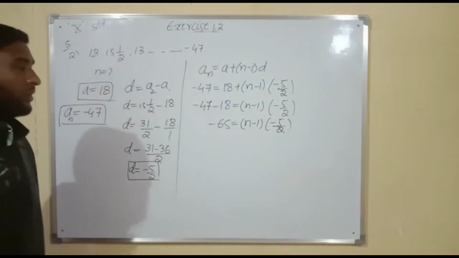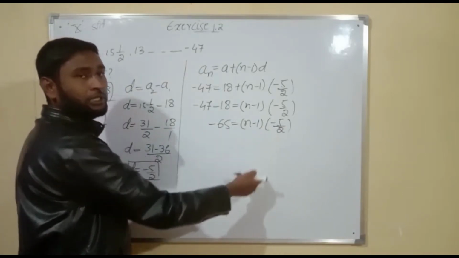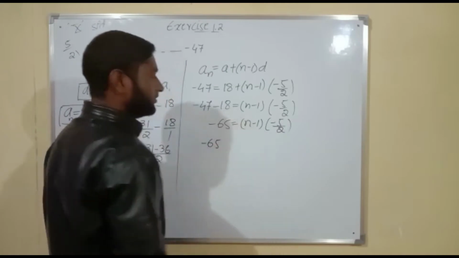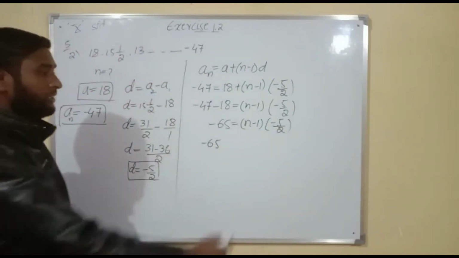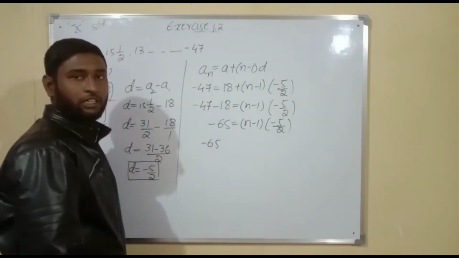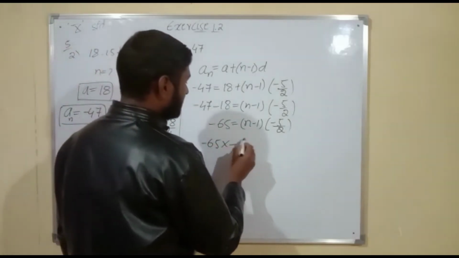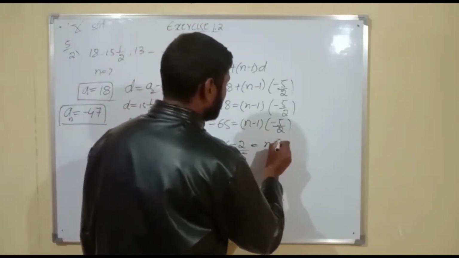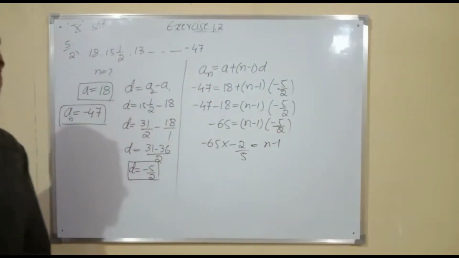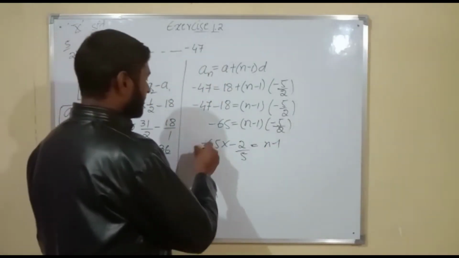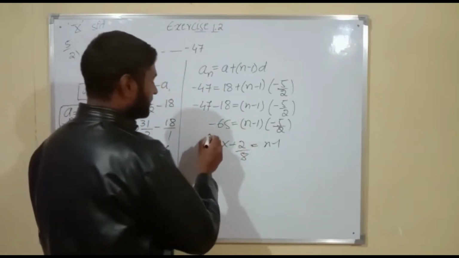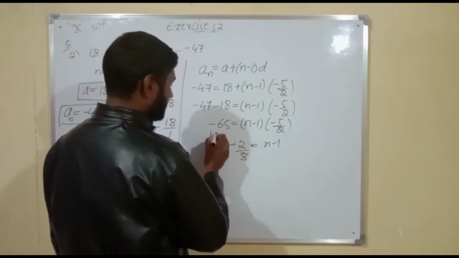Now bring this minus 5 by 2 to the left hand side. If you bring this to the left hand side, it takes the reciprocal form. Minus 2 by 5 into minus 65 is equal to n minus 1. Here minus minus is plus, 5 ones are 5, 5 threes are.